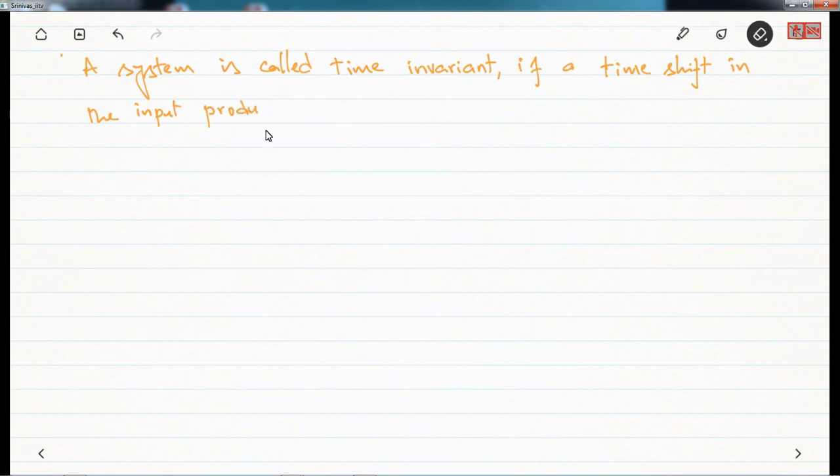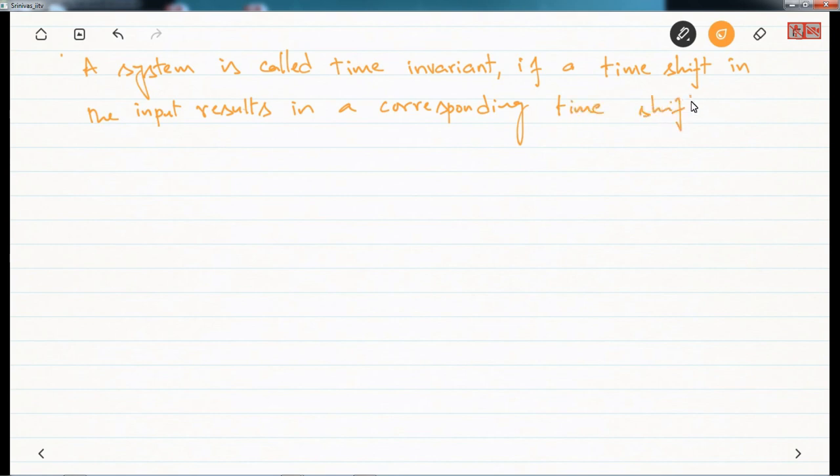results in a corresponding time shift in the output.